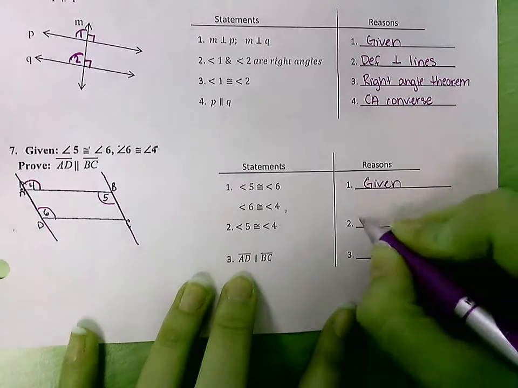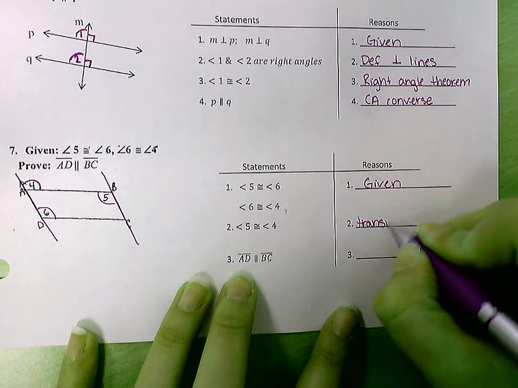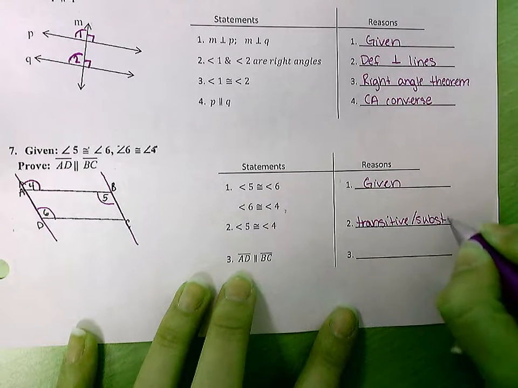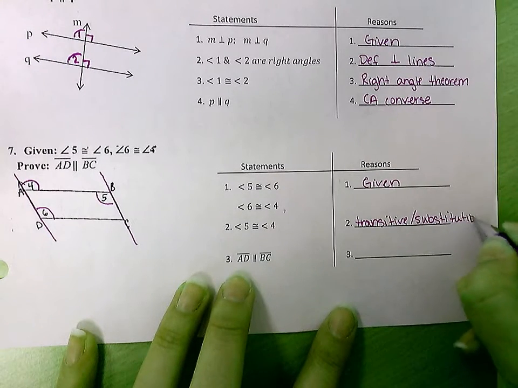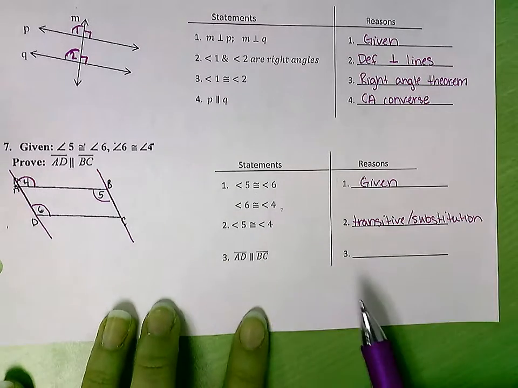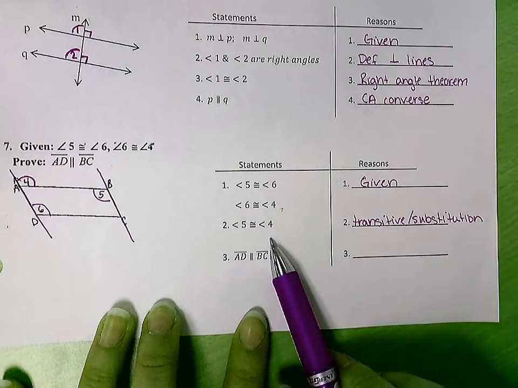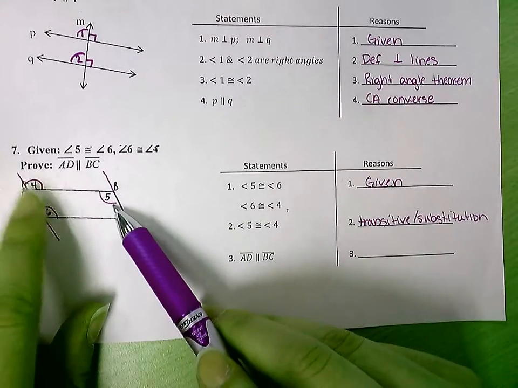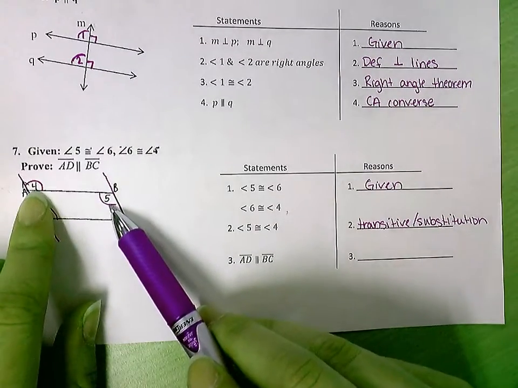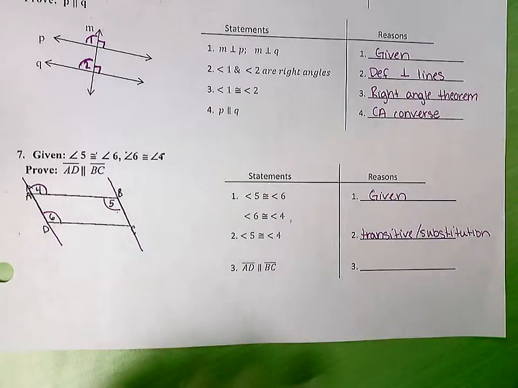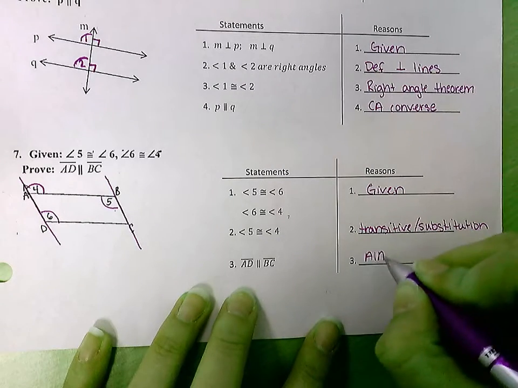So that is either transitive or substitution. From this step, I want to look back at my picture at angles 5 and 4. 5 and 4 are right here. I want to identify what type of angle pair 5 and 4 are. Those are alternate interior angles.